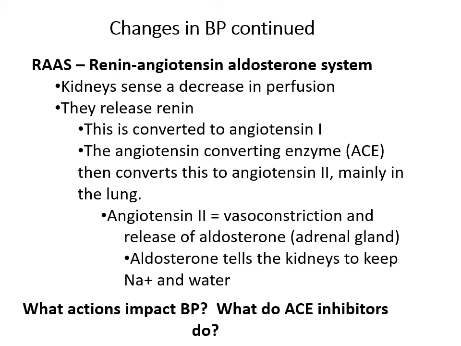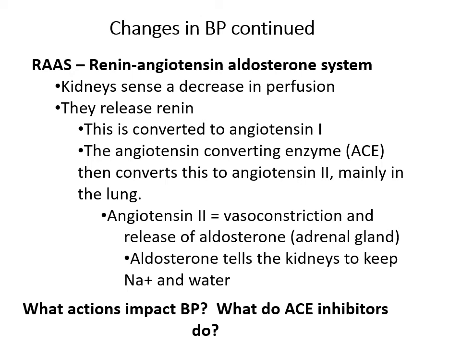So now, at the end of this system, we have angiotensin II that's going to vasoconstrict the arterioles, the small arteries, and also stimulate the adrenal gland to release aldosterone. And aldosterone is going to reabsorb water and salt to maintain blood volume. So this whole system is to, again, bring the blood pressure up.